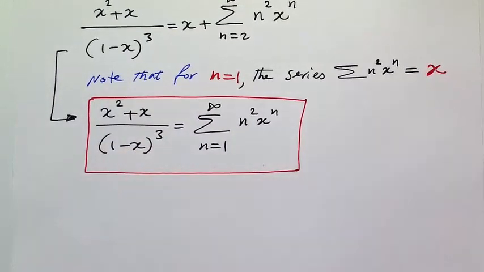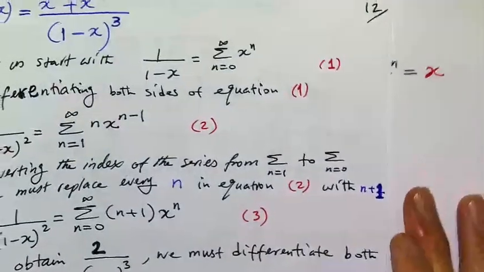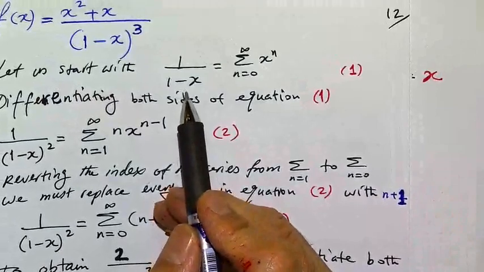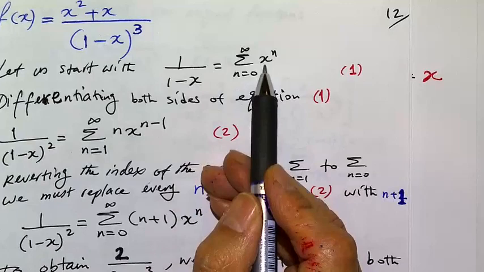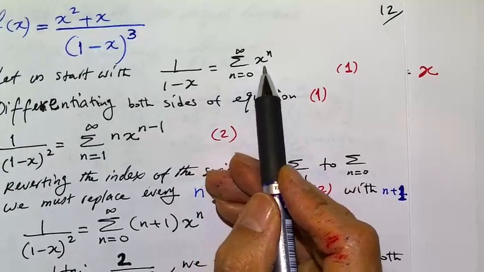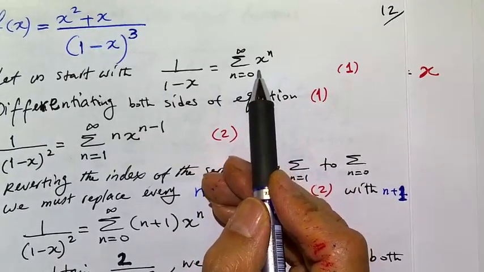Of course, we need to also give the radius of convergence. And if we look back at what we started with, this expression, 1 over 1 minus x, which of course we know converges for absolute value of x less than 1.